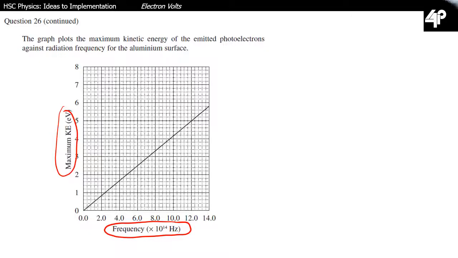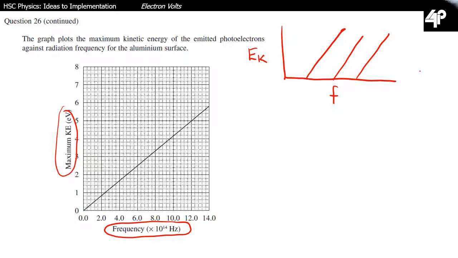Typically these diagrams look something like this, with the kinetic energy of photoelectrons, the frequency of light hitting the metal surface, and parallel sloped lines, which might be for metal W, metal Y, metal Z, metal X, whatever.